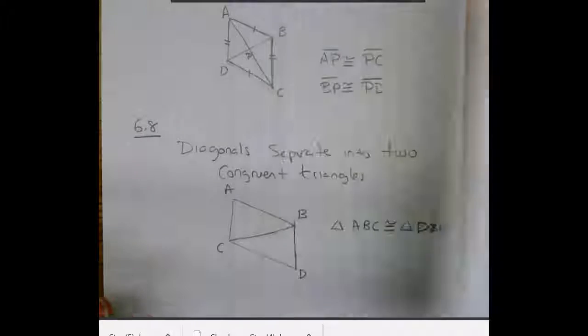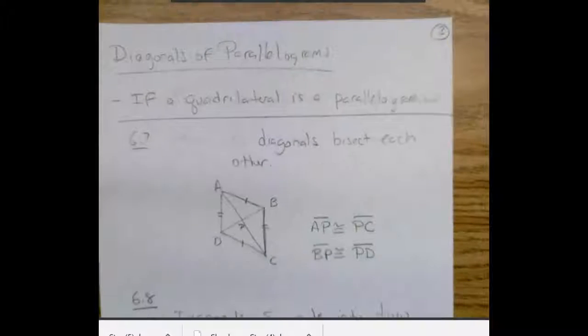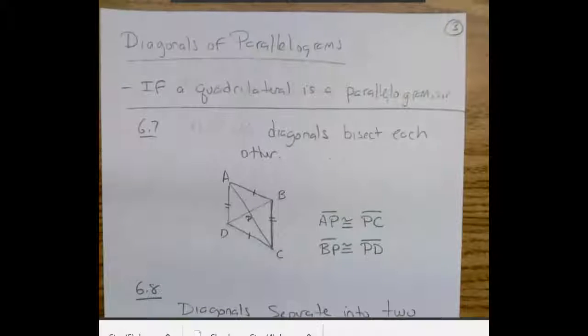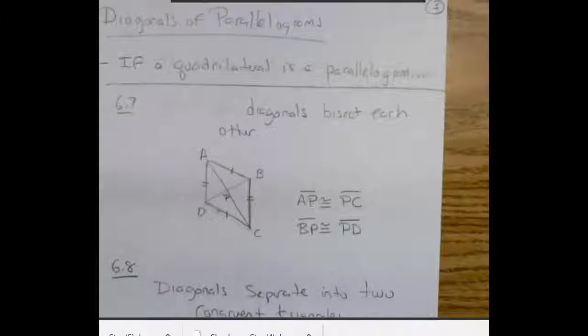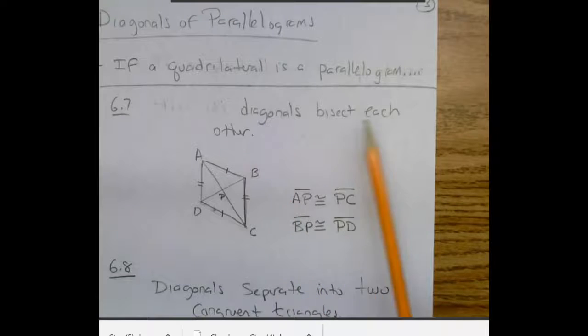Okay, let's keep going. So then if we add some other part to these parallelograms, and we use something called a diagonal, which cuts across from one angle to the other, or one side to the other, we can have some new theorems as well. We're going to start here. Diagonals bisect each other.